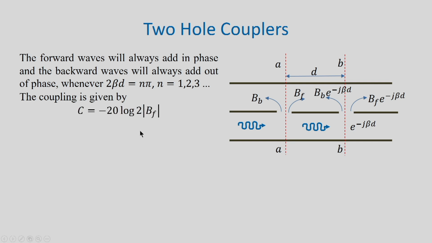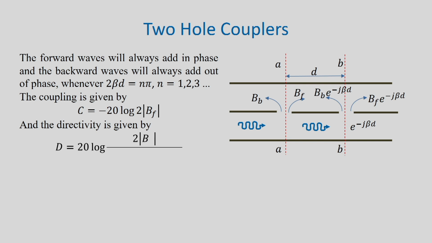In general, we define coupling C to be equal to minus 20 log 2 magnitude of B_f, and directivity D is given by 20 log 2 mod B_f divided by mod B_B mod of 1 plus e to the power minus 2 j beta d.